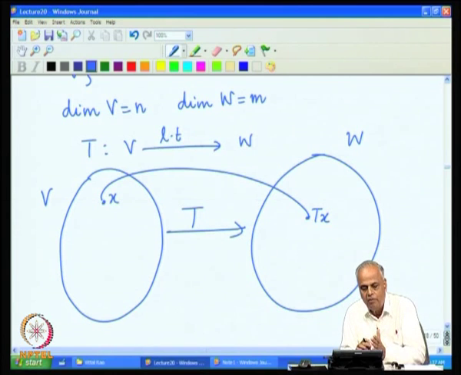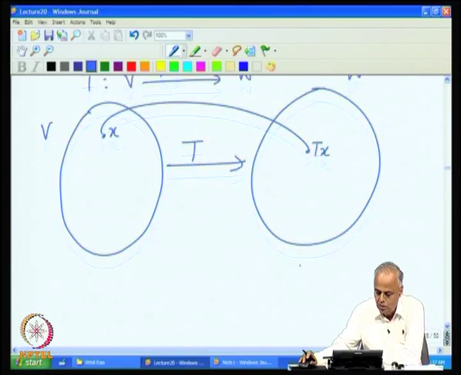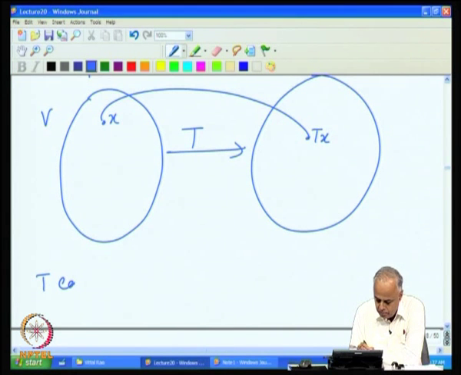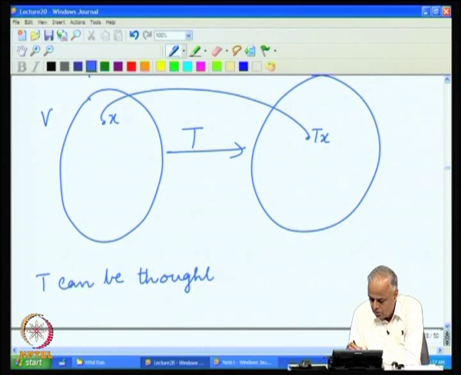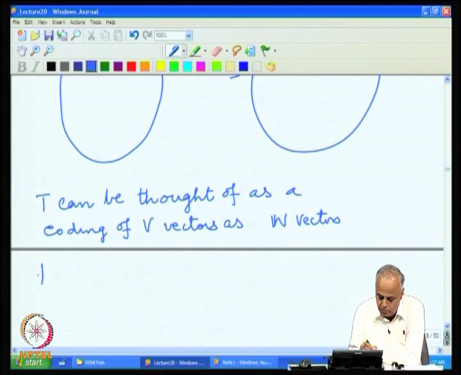The vectors in V are all coded as vectors in W. So, T can be thought of as a coding of V vectors as W vectors. Now, is this a good coding?